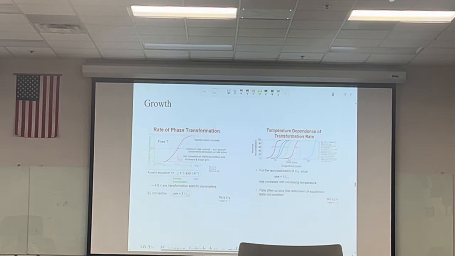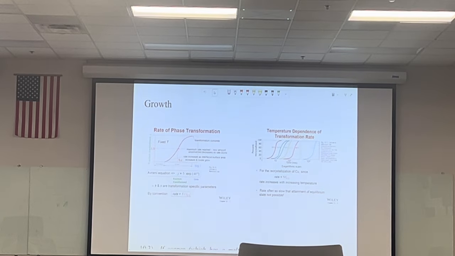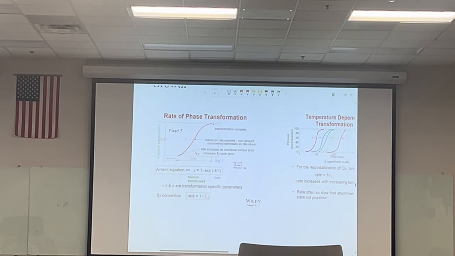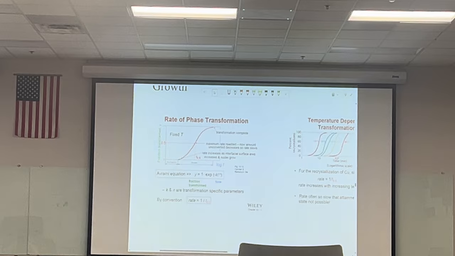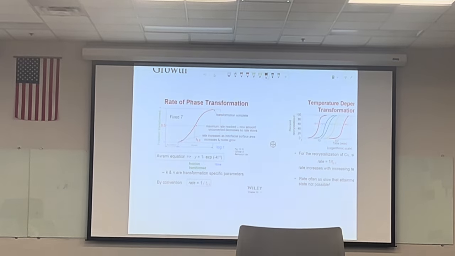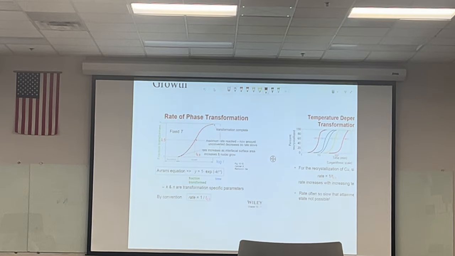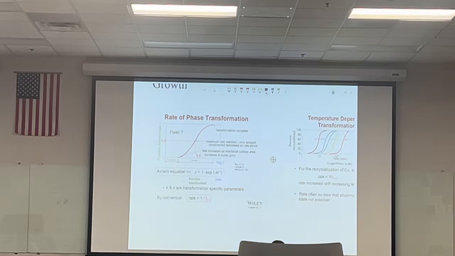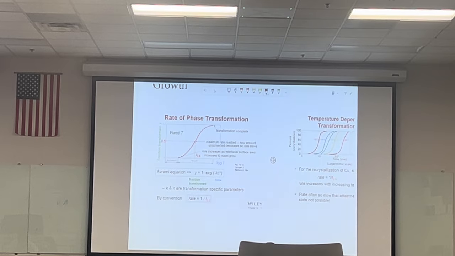Let's talk a little bit about the growth as well. In the growth, we have a rate, which we show with a figure like this, in which one axis is the time and the other is the fraction of transformation, or the transformed fraction.